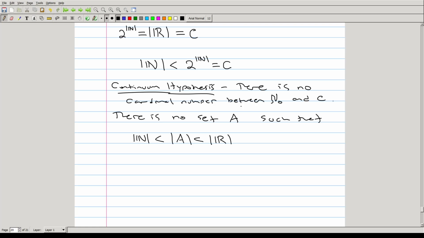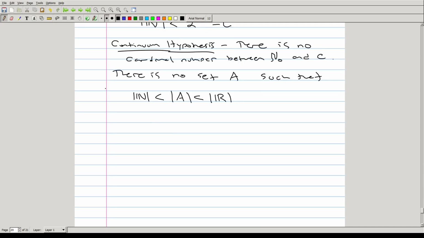But what has been shown is that this hypothesis can neither be proved nor disproved within the confines of ZFC set theory.